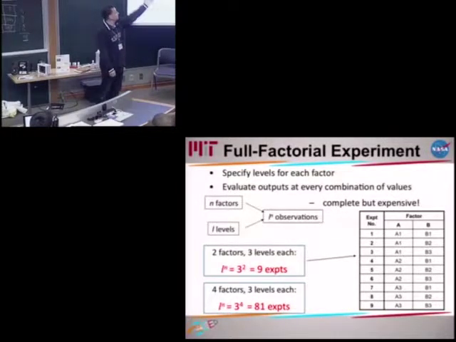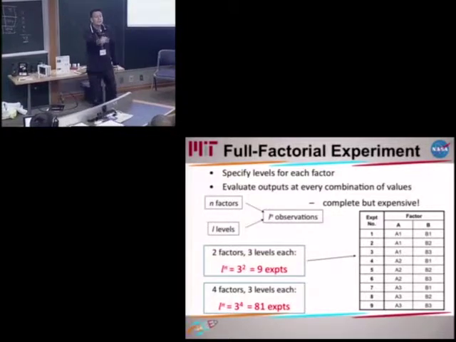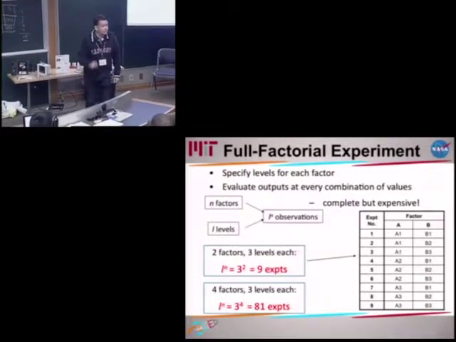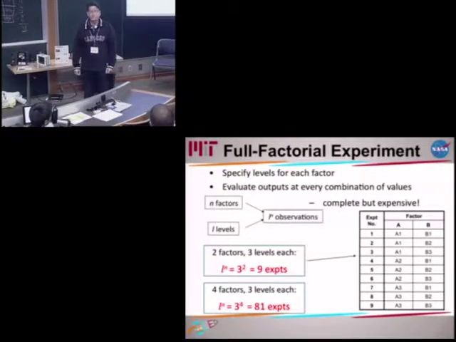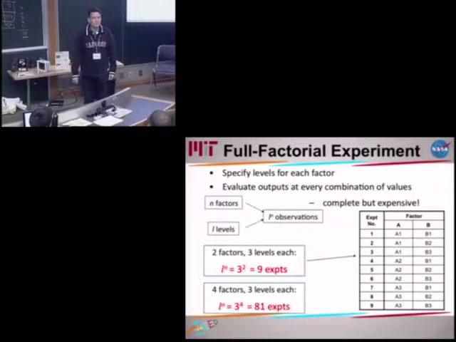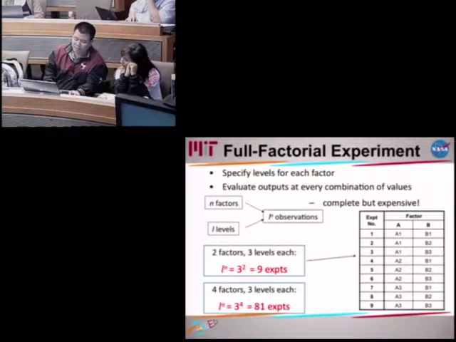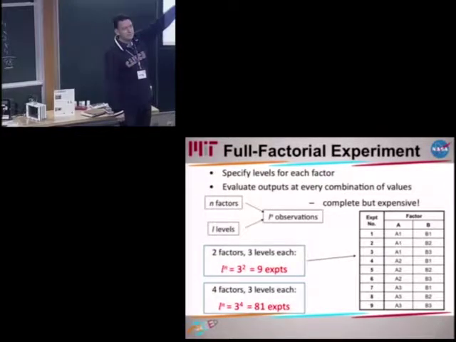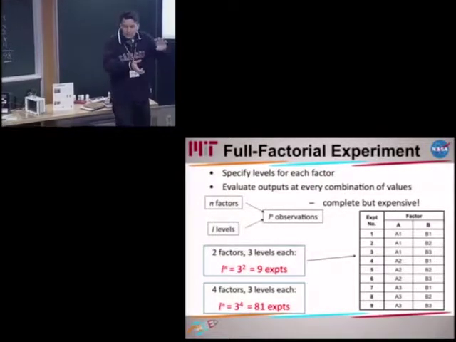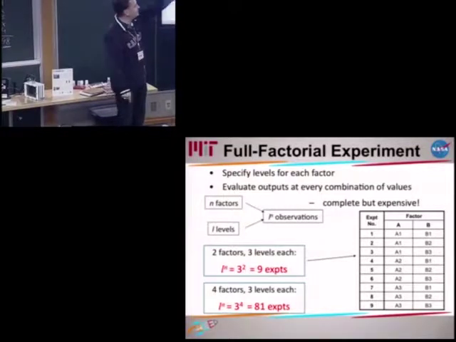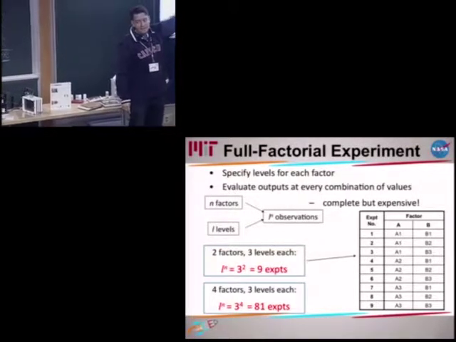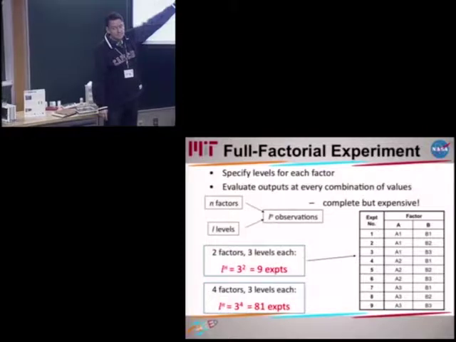What's the problem here? Yes. And why is it expensive? Because the experiments are growing in number exponentially. N is in the exponent. That's the problem, right? N, the number of factors, the number of knobs that you want to turn, is in the exponent. That's not too bad, 9 experiments, right?